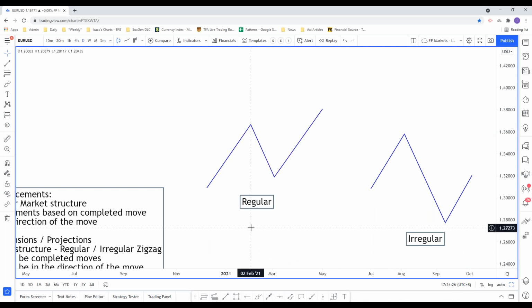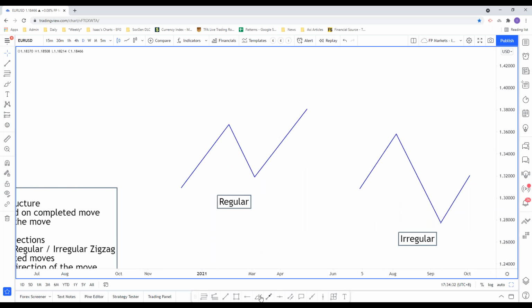All right, so based on this, for naming convention's sake, let's talk about all this as swing highs, swing lows. So looking at a regular zigzag, this is point one, the first swing low. Again, bullish configuration. Regular zigzag, very clear. In a bullish configuration, you can see very clear regular zigzags.